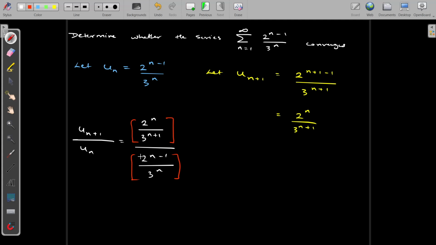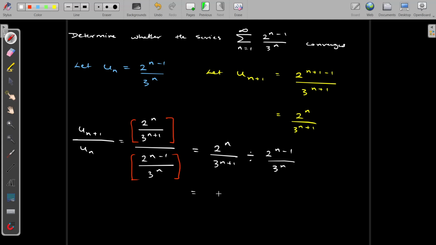So now we know that dividing two fractions, we keep, change, flip. This is going to give us 2 to the n over 3 to the n plus 1, divided by 2 to the n minus 1 over 3 to the n.